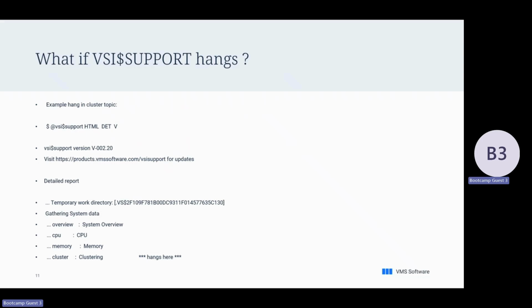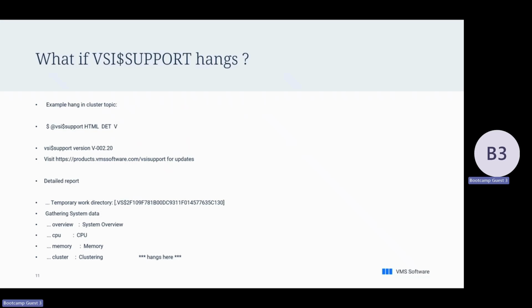You cannot use system overview to skip the section, but this is the tag: overview, CPU, memory, cluster. In this case, the procedure hangs in the cluster information. Sometimes, because there is some control Y handler, just pressing control Y and control C will skip the section and continue. But sometimes it will hang.